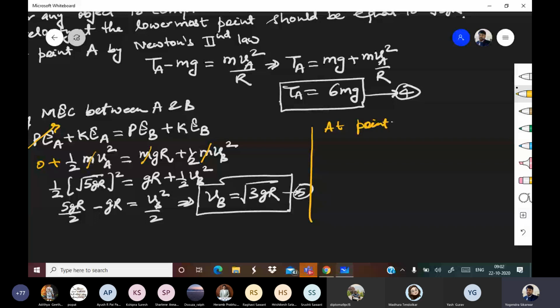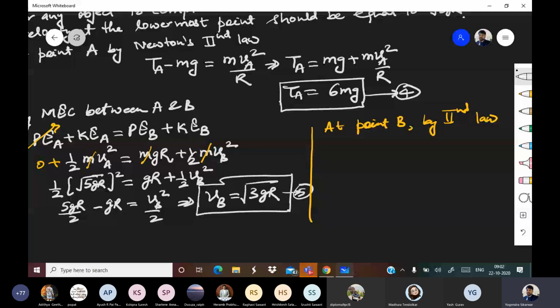Excuse me, sir. Yes. The question was to find the minimum velocity to reach B. So when it reaches B, the velocity must be zero. Where did I say that it should reach B with minimum velocity?